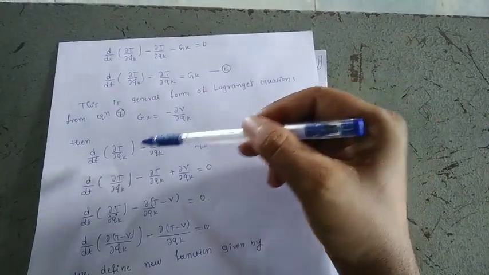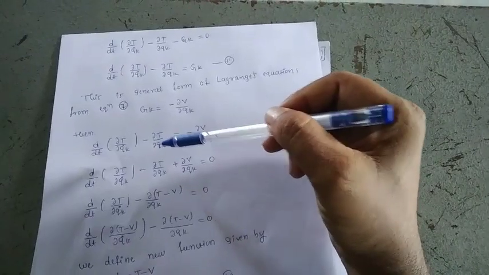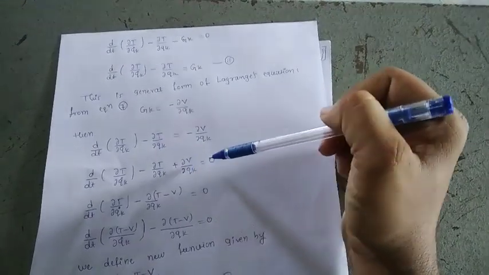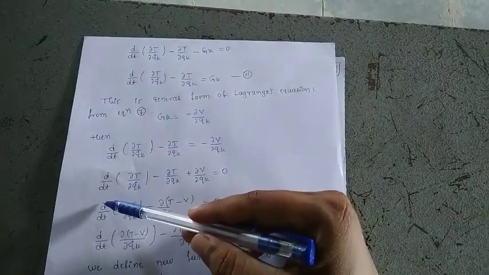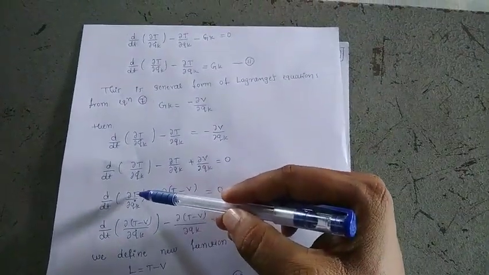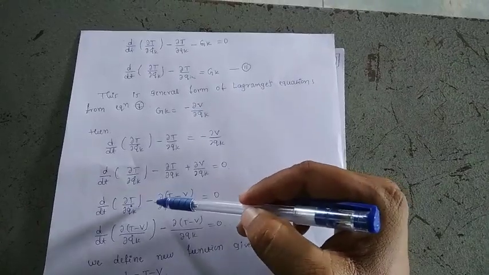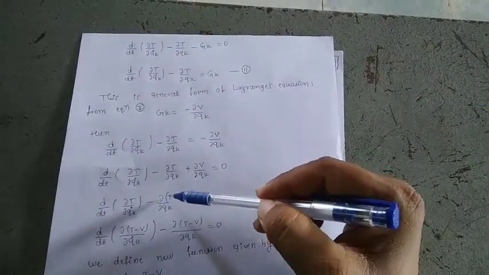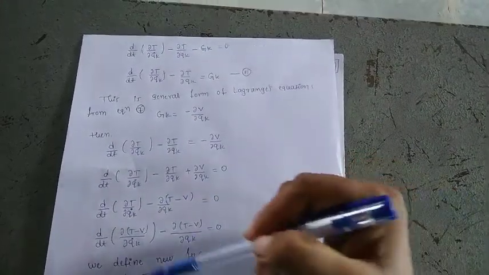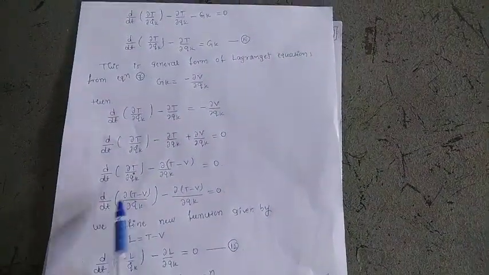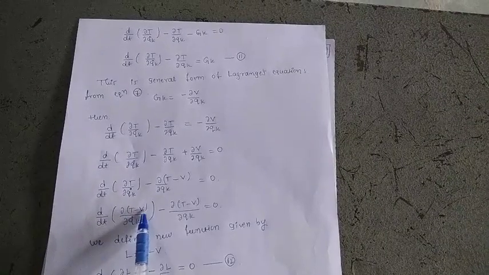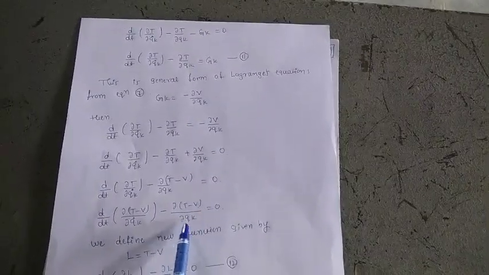This negative sign taken to the LHS becomes positive, ∂V/∂qk is equal to 0. Next, d by dt of ∂T/∂qk dot minus ∂/∂qk of (T minus V) is equal to 0. Next, d by dt of ∂(T minus V)/∂qk dot minus ∂(T minus V)/∂qk.